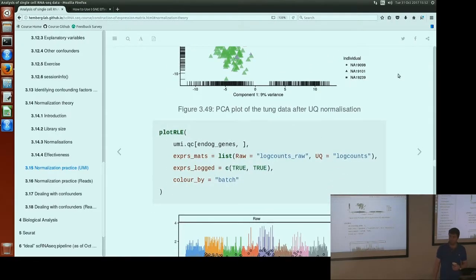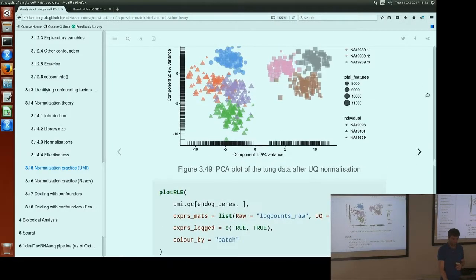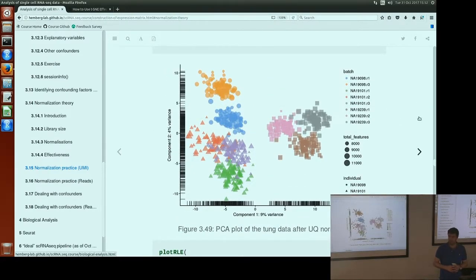Was there not much variance explained by the principal components? I know that with some other data sets as well, percent component. Yeah, I think they're inherently variable data sets. It's a common observation that before QC, what tends to drive variation is the total number of genes expressed per cell, the total counts.